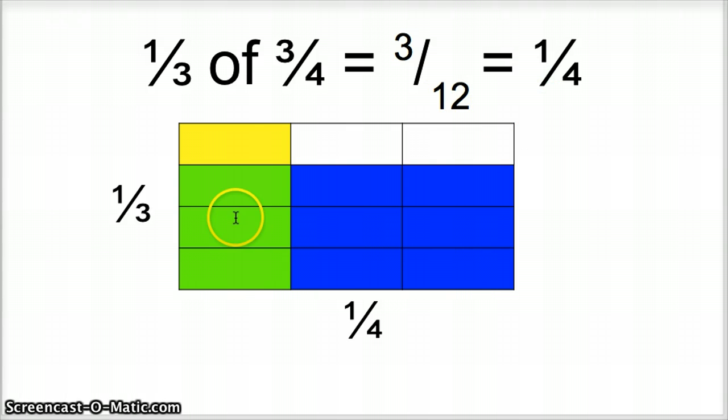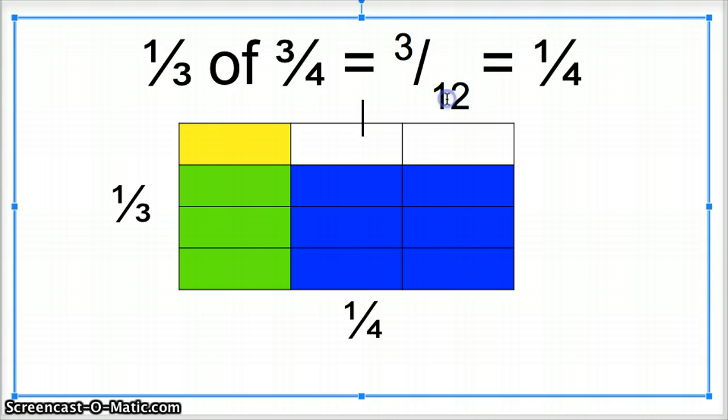That's my denominator. 3 are shaded in green, overlapping, so 3 is my numerator. Except it needs to be simplified. 3 is the GCF of 3/12. So 3 divided by 3 is 1, and 12 divided by 3 is 4, making the final answer 1/4.